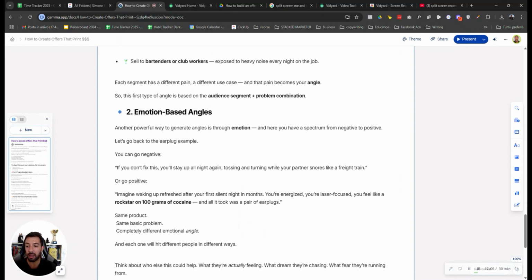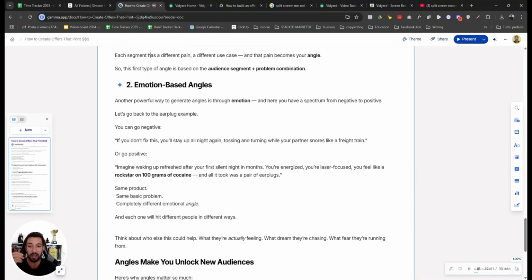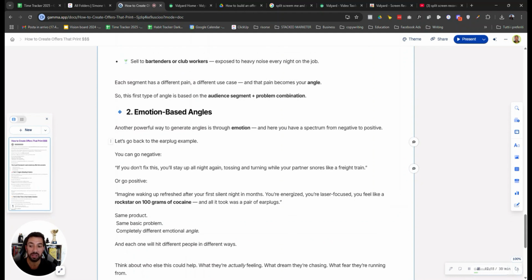If you go back to the earplug example, you can talk to people who buy earplugs because their partner snores and so they cannot sleep at night. If you go negative, you can say if you don't fix this, and target here the frustration of not sleeping. If you don't fix this, you will stay up all night tossing and turning in bed while your partner snores like a train, okay?